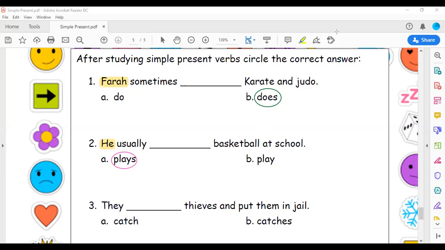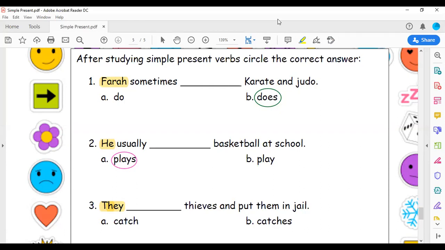Let's go to number 3. They catch thieves and put them in jail. Where is the subject? They. Is it singular or plural? Plural. Excellent. Good job. Okay. When I have a plural subject, do I add something to the verb? No. Bravo.